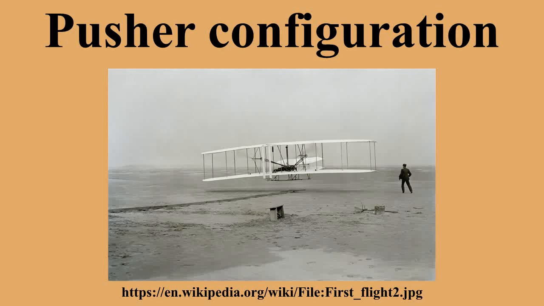Prop efficiency is usually at least 2 to 5% less, and in some cases more than 15% less than an equivalent tractor installation. Full-scale wind tunnel investigation of the canard Rutan VariEze showed a propeller efficiency of 0.75 compared to 0.85 for a tractor configuration, a loss of 12%.